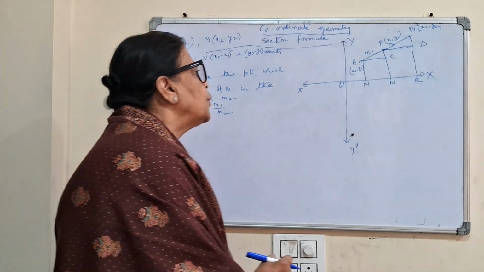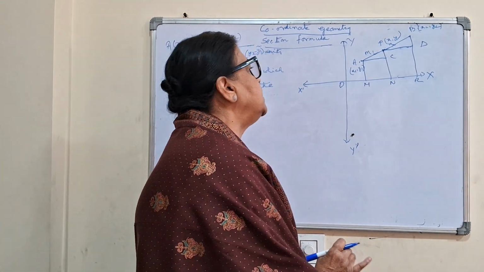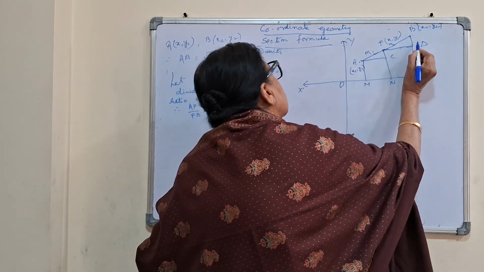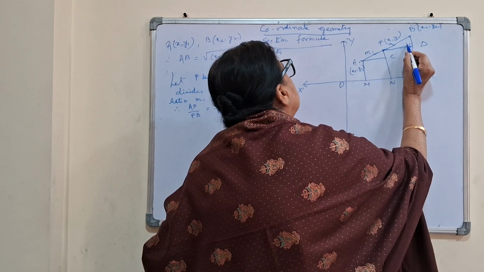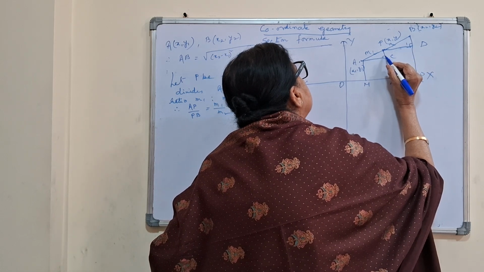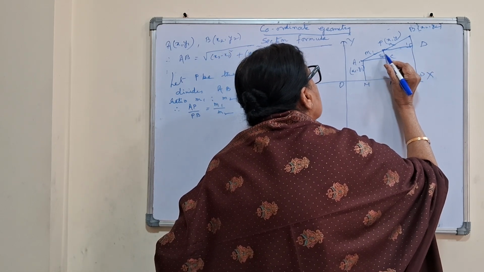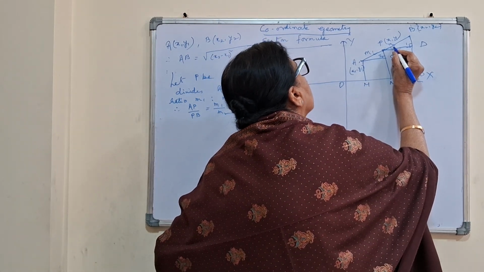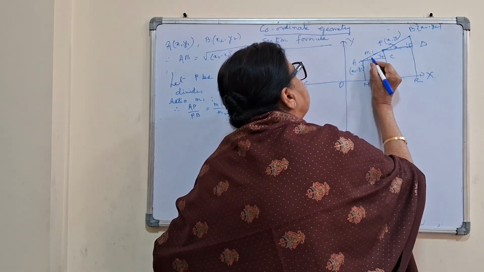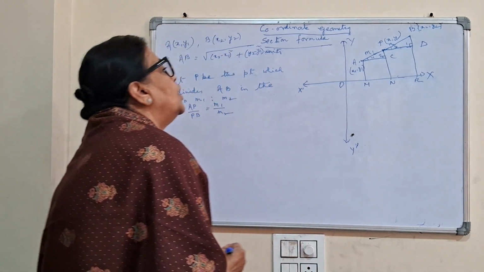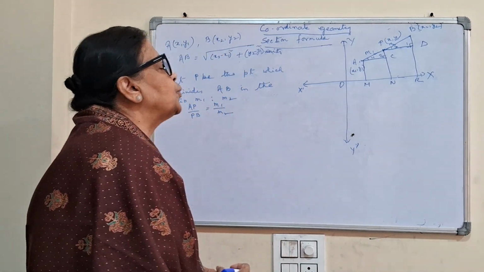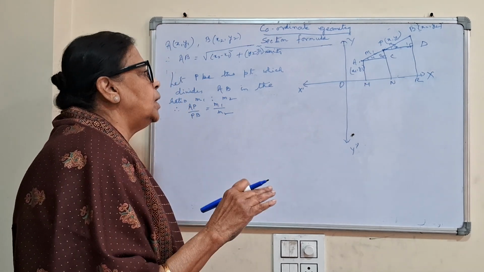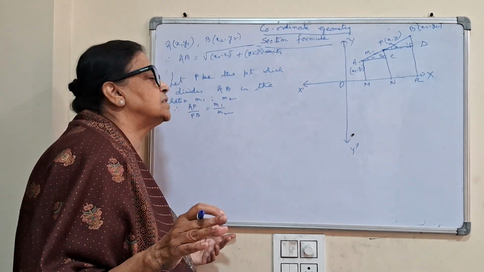Now, consider the two triangles BPD and PAC. Angle 1 is equal to angle 2, because these are 90 degrees by construction. Angle 3 is equal to angle 4. Why? Because the lines are perpendicular, and AC and PD are parallel to the x-axis.